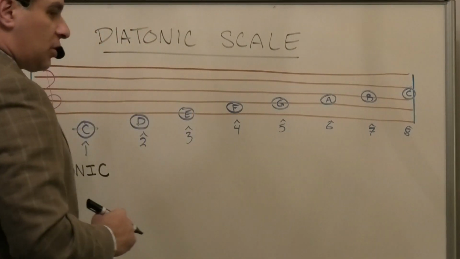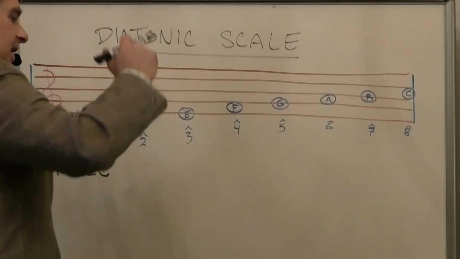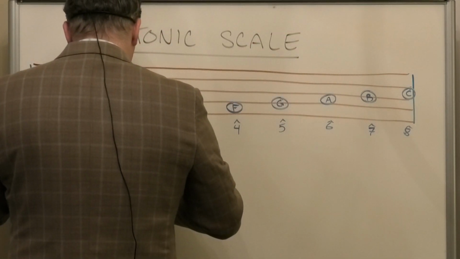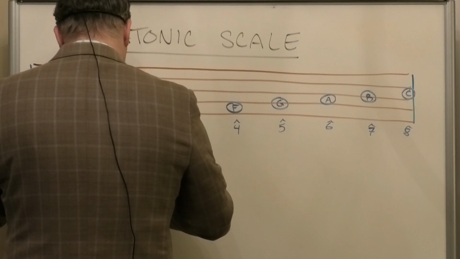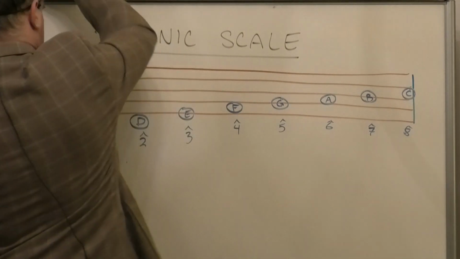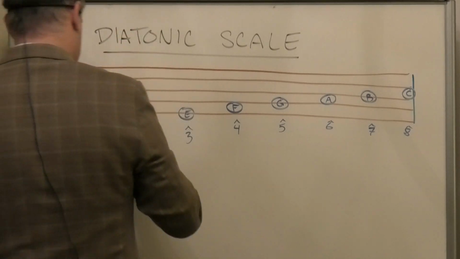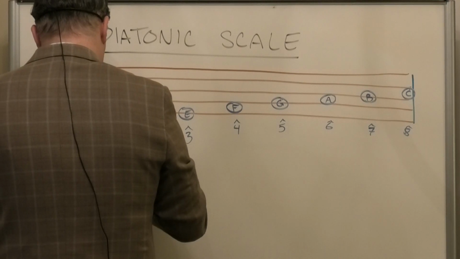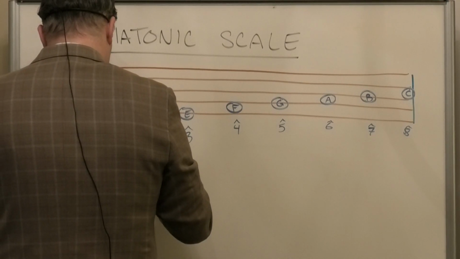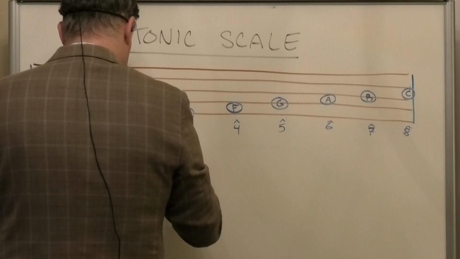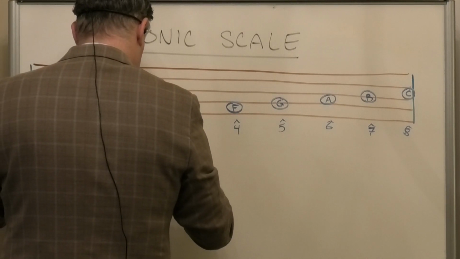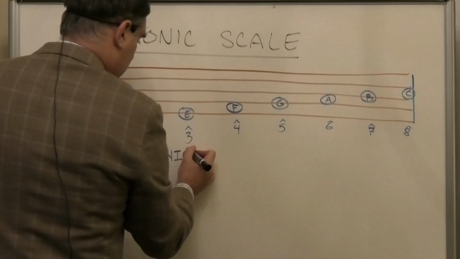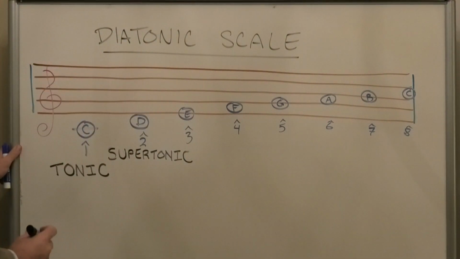We eat super or supper at the high hour above the other hours of the day. Supertonic. That's scale degree 2. Supertonic.